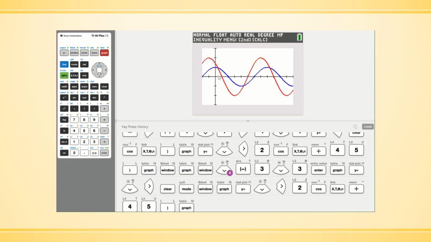And the amplitude is the measure of change from the midline to either the top of the curve or the bottom of the curve. But in our red, in our transformation, we got 2, so notice midline is still the x-axis, it goes up 2, goes down 2.